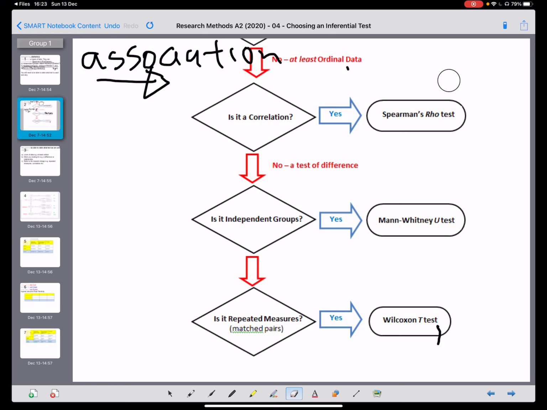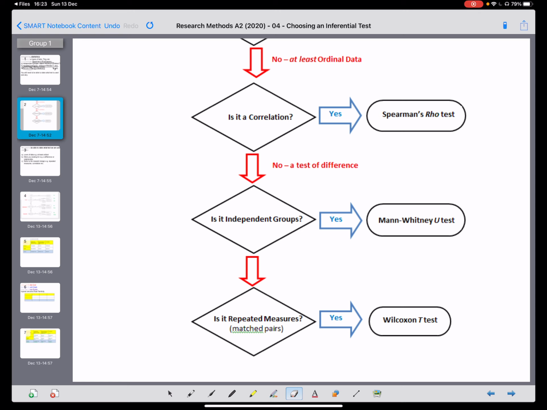So we are left with two things: independent groups and repeated measures. Therefore, what we need to look at is the design of our study. And of course, if I can spot this, then I know that this is obviously important.